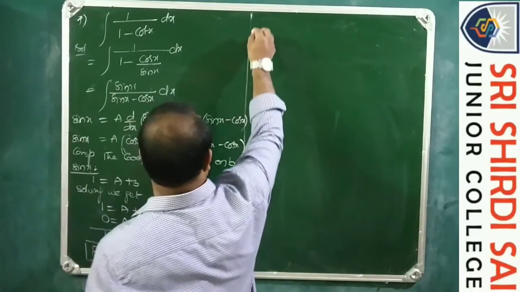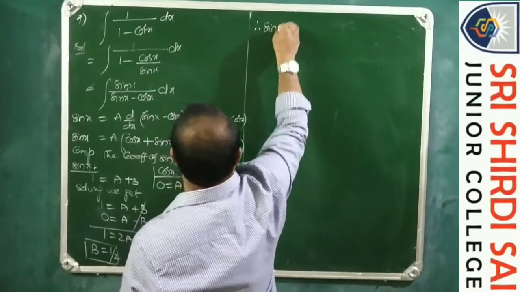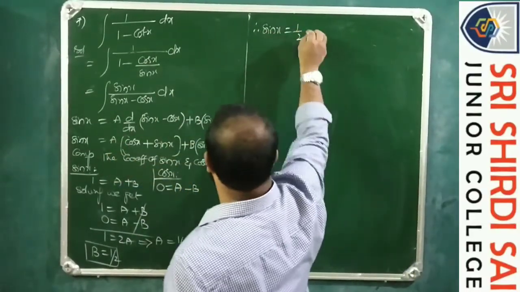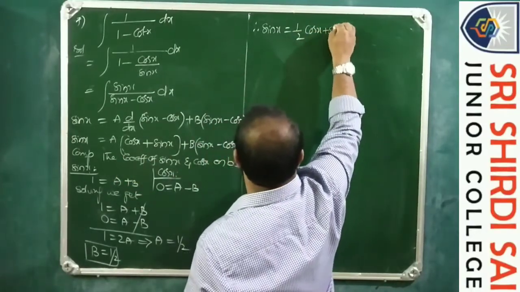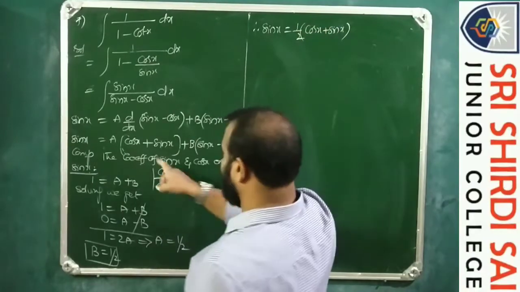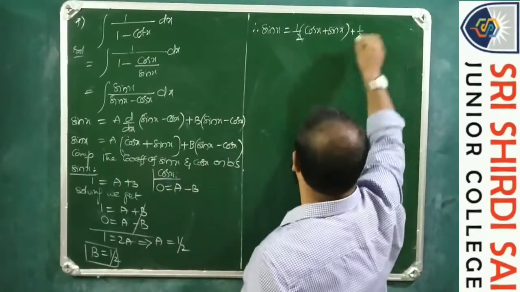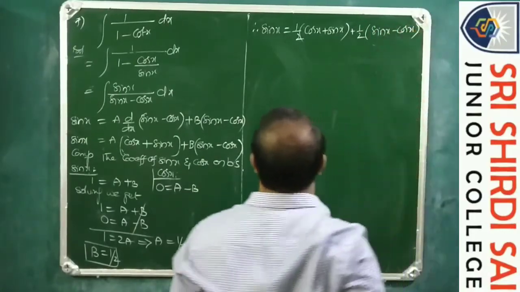Therefore sin x is equal to, the a value is 1 by 2, so 1 by 2 into cos x plus sin x, plus the b value, again 1 by 2, into sin x minus cos x.